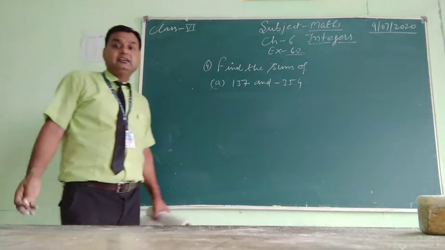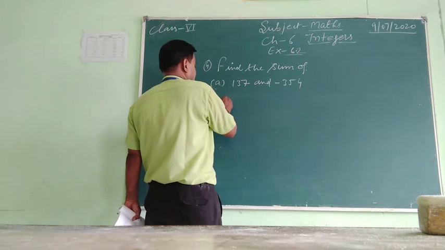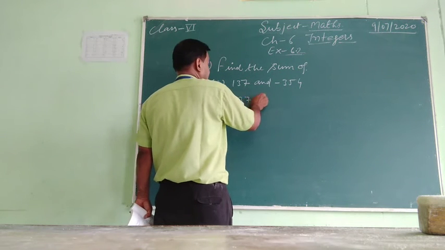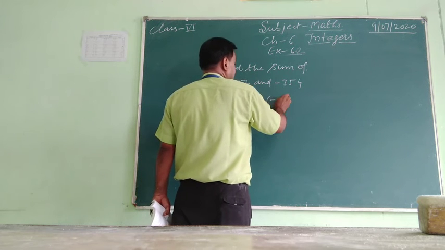We have to find the sum of both the numbers. So add the number 137 plus the sum is plus minus 354.